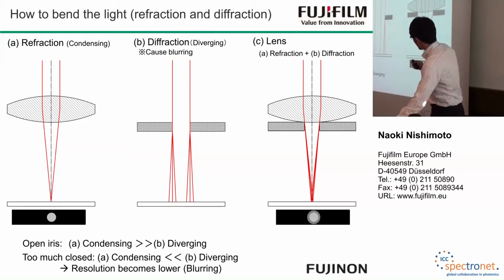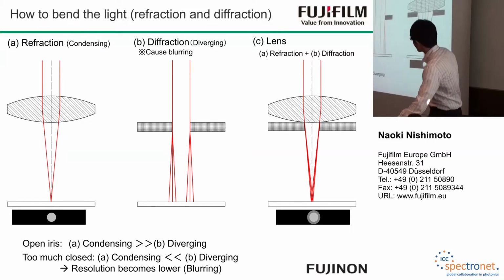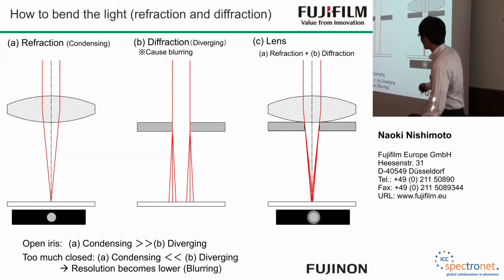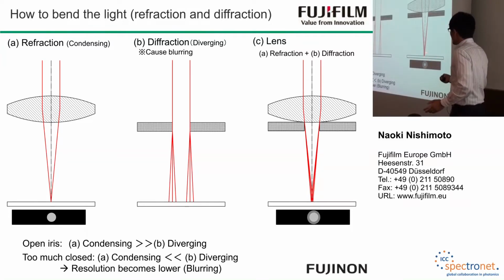But once we close the iris very much, like this, first the image becomes very dark. And the area of diffraction is actually not changed, the same as in the open state. This area is the same, but the area of clear image is now very small, so the total image becomes very blurry.